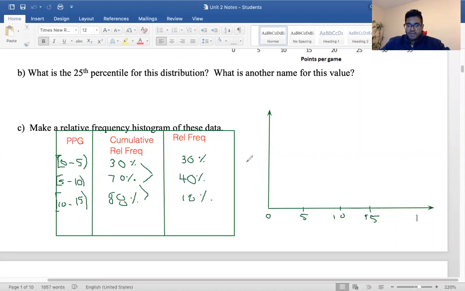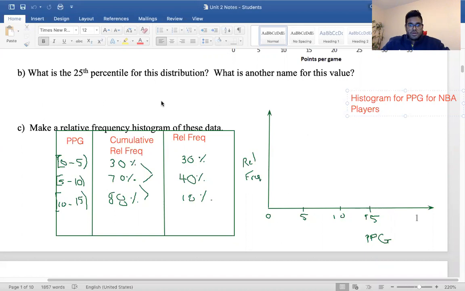And then here is relative frequency. So I'm going to label my axis, the relative frequency. The x-axis is points per game. I want to make sure I label everything. I'm going to come up with some title: histogram for points per game for NBA players.